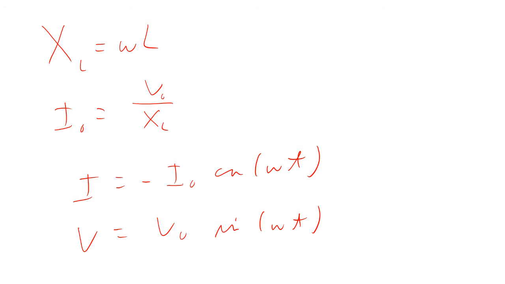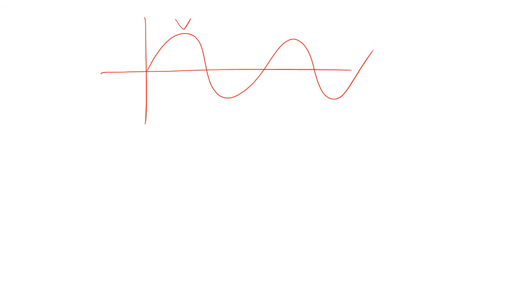So what happens is that if we were to graph that, if that's the voltage, then the current lags behind the voltage by pi over 2. And so we would say that the current is lagging voltage. Okay.